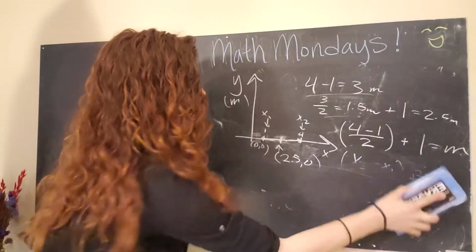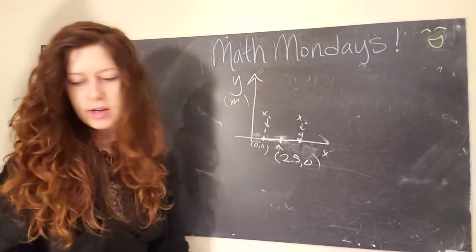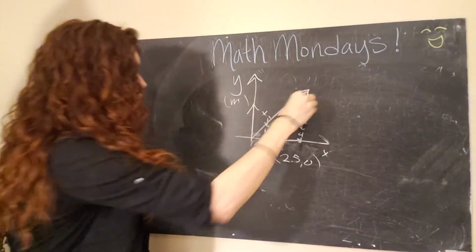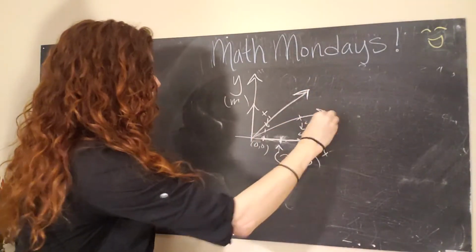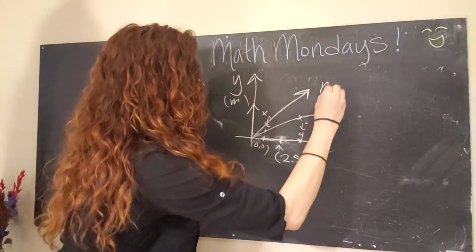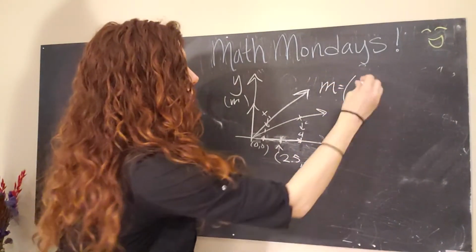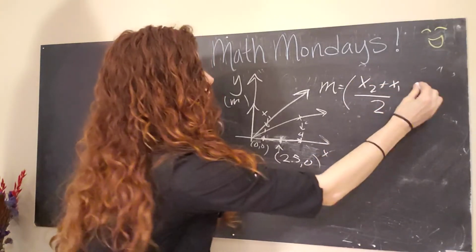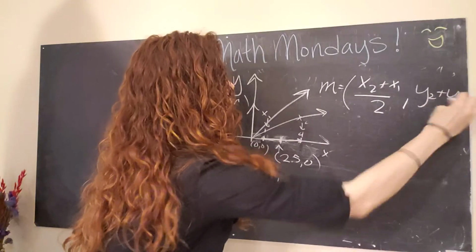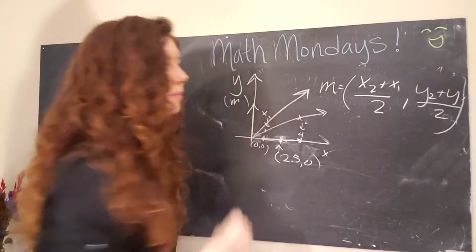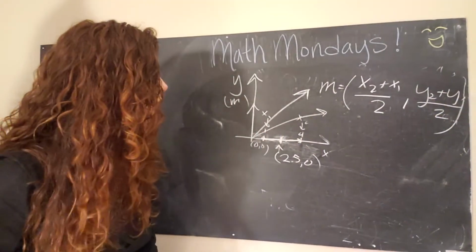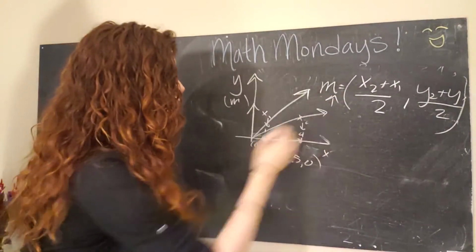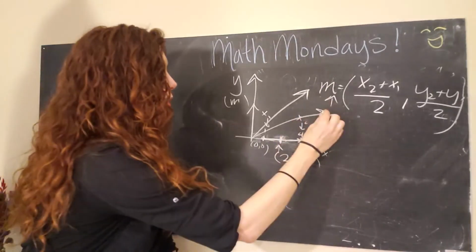And so if we want to generalize that, then we can do the same thing if we were to travel in the y direction or if we were to travel in a combined direction. And so we would get that the midpoint formula is x2 plus x1 over 2, comma, y2 plus y1 over 2. Boom.